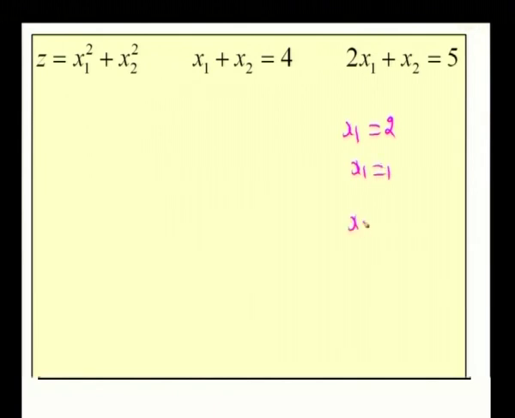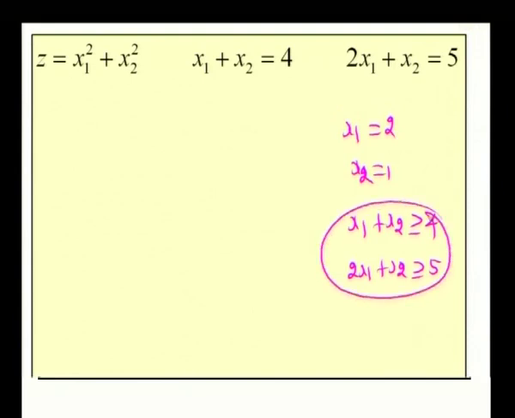Moreover, our given constraints are x1 plus x2 greater than or equal to 4 and 2x1 plus x2 greater than or equal to 5. With these values of x1 and x2, these two constraints are not satisfied. So, the solution x1 equal to 2 and x2 equal to 1 does not lie in the feasible region. Therefore, we cannot take this solution as the optimal solution; we have to omit it.